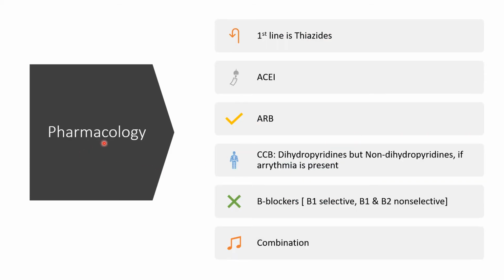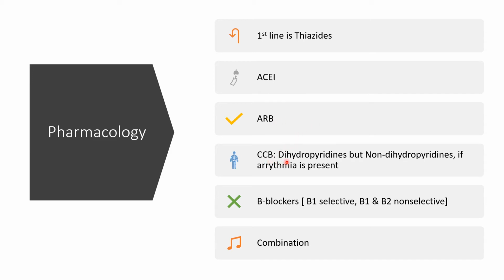Now, pharmacological agents. The first line here will be thiazides, then angiotensin converting enzyme inhibitors. If there is a reaction or the patient cannot tolerate it, dry cough, anaphylaxis, angioedema, and so on, then we'll go for others.